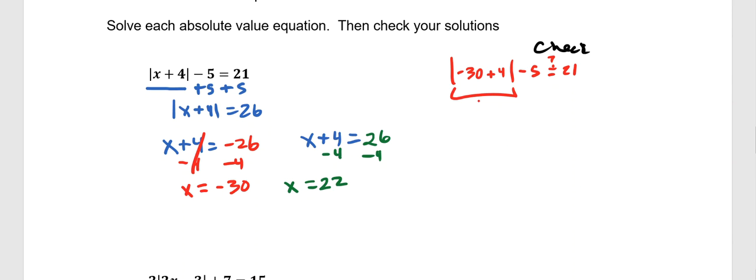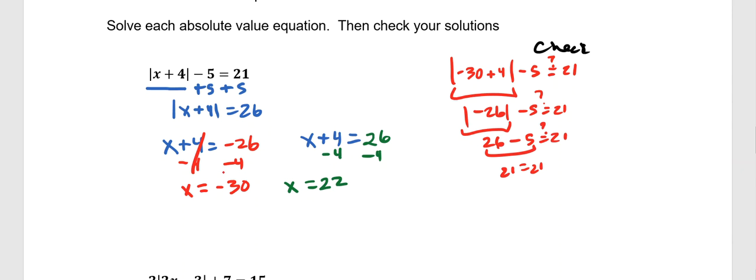Well, -30 plus 4 is -26. The absolute value of -26 is 26. That I'll subtract 5 from, and 26 minus 5 is 21, equals 21. So I should be happy with that solution.